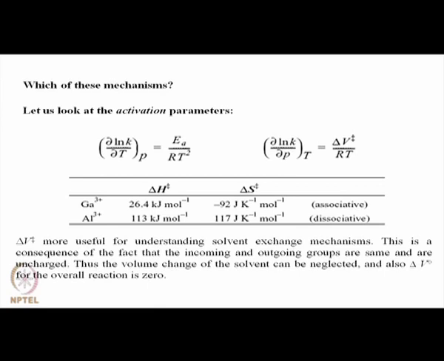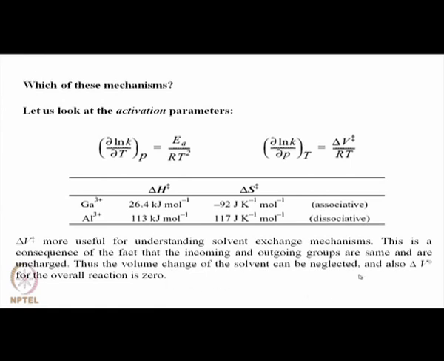We have also talked about how delta V activation is more useful for understanding solvent exchange mechanisms. This is a consequence of the fact that when the incoming and outgoing groups are the same, for example water coming in and water going out, there is not much change in volume of activation.